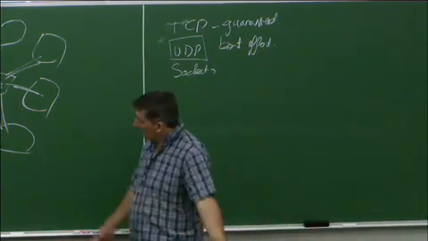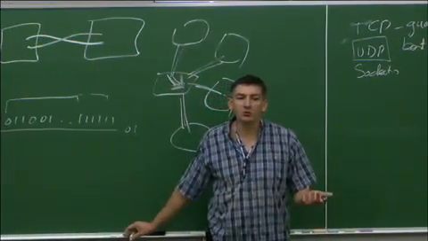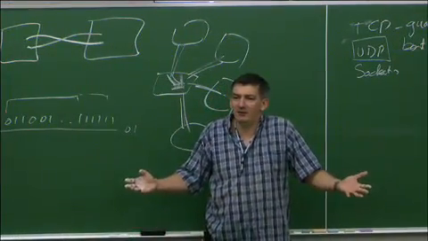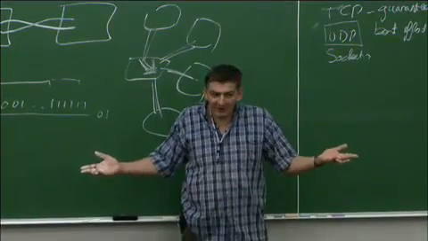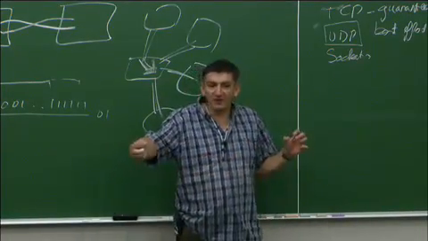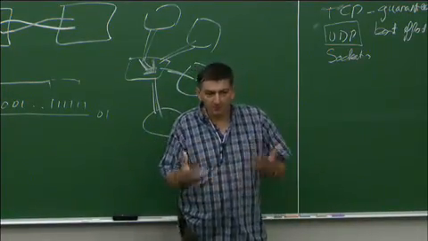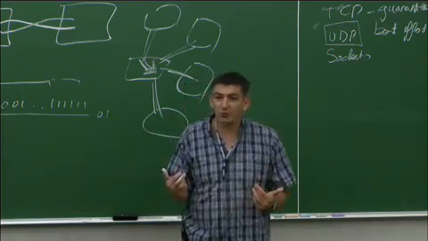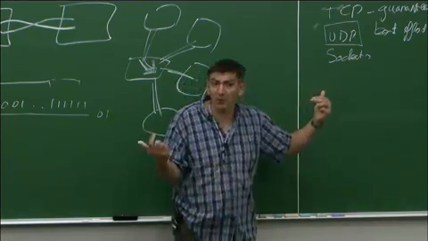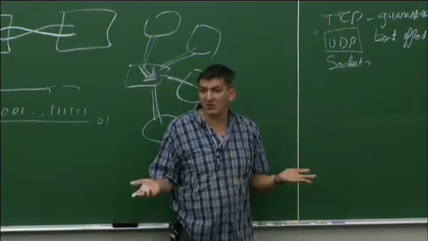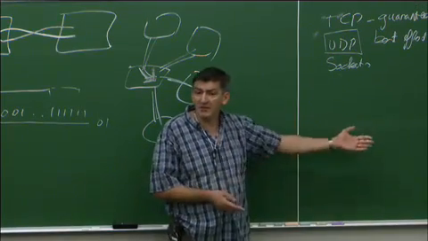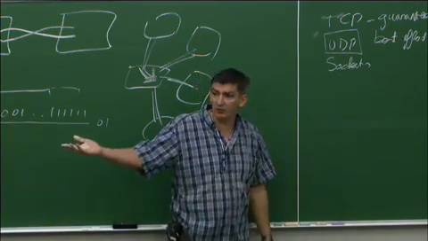Because ultimately, if you unplug the network, what can you do? At some point, you have to say, connection lost. But if it can still have a connection, it will make sure that it sticks to its promise. And TCP has lots of promises. One of the promises in TCP is in-order message delivery. If you send messages in the order 1, 2, 3, they get received in the order 1, 2, 3.